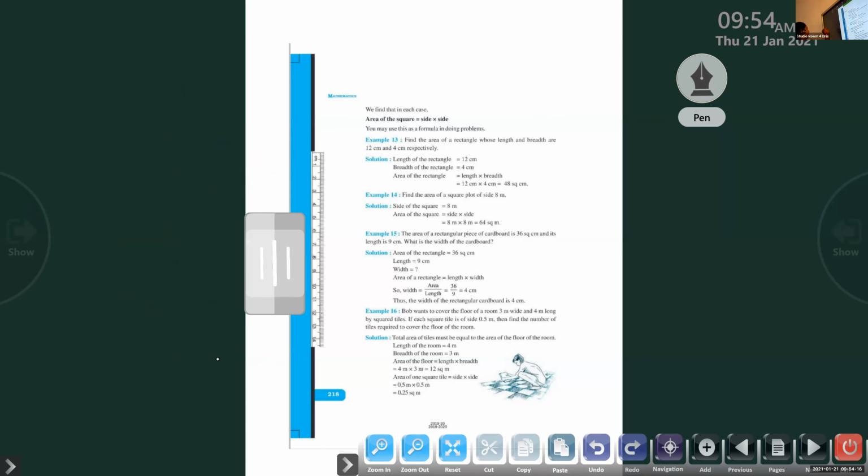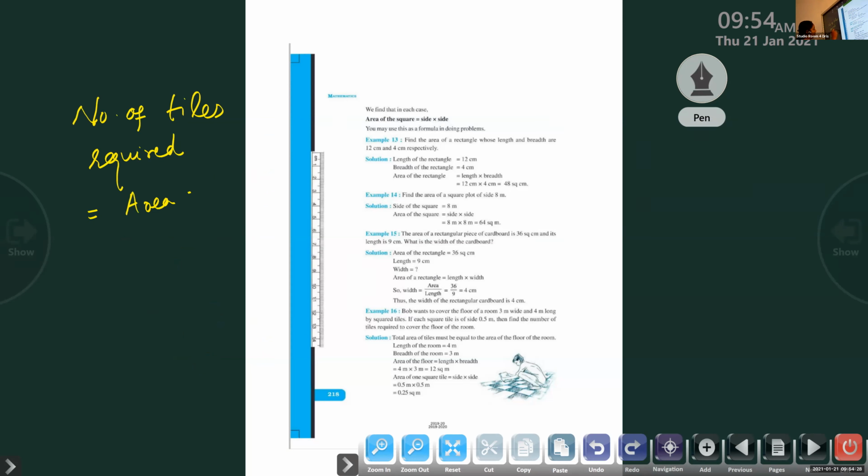Okay, children. So you can write: number of tiles required equals area of the floor divided by area of the tile. This is the common formula we are using.